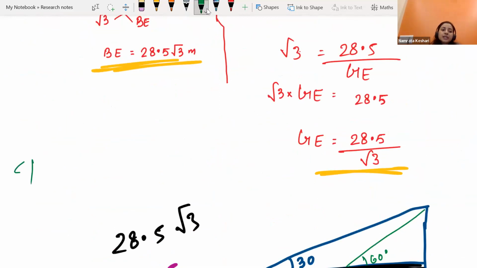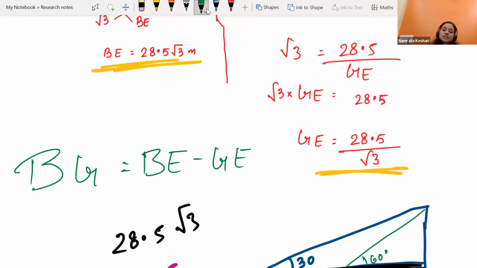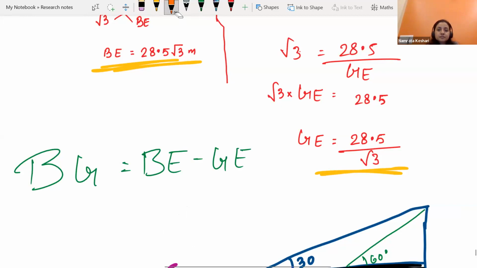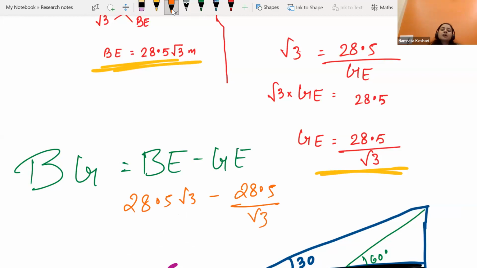Okay, BG is BE minus GE. Let's do it. (28.5 root 3 minus 28.5 by root 3).